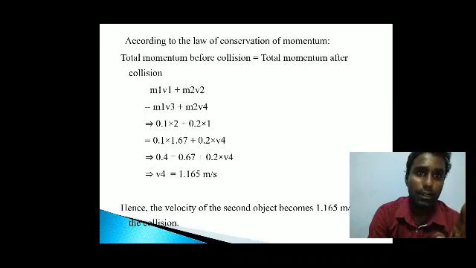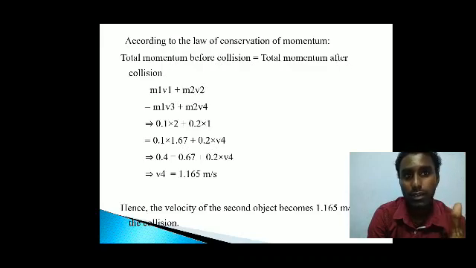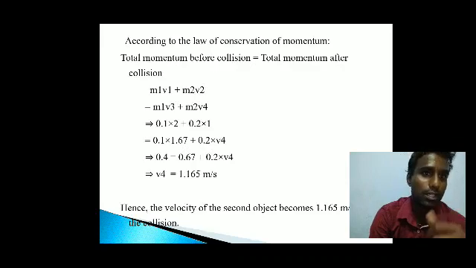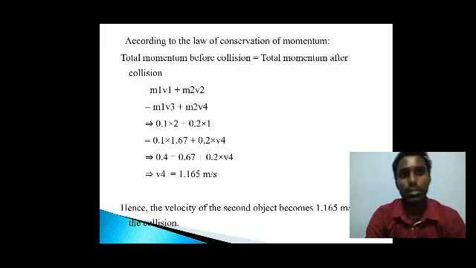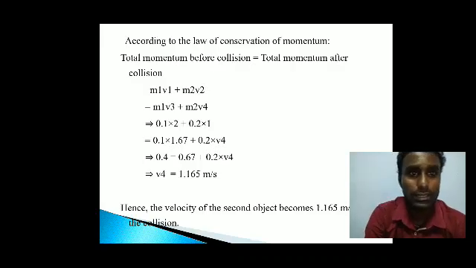You will get 0.167, not 0.67. Then you can do that, but your final answer should be the correct one, 1.165 meter per second, but check the answer. Anyway, 0.4 minus 0.167, whatever answer you are getting, divided by 0.2, you will get 1.165.